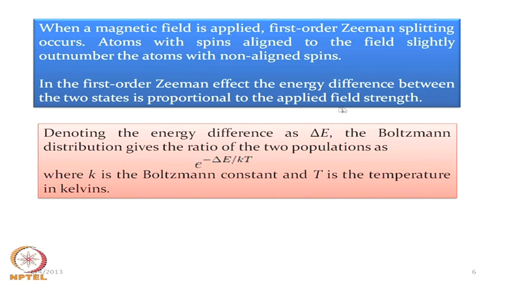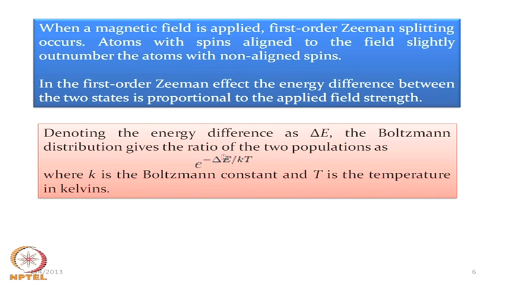So, these delta E values are basically denoting the energy difference, and if we have the Boltzmann distribution, which we all know dictates a thermally controlled population, and k is the Boltzmann constant, then the ratio of these two states or the two populations will be given by e to the power minus delta E by kT, where kT is the thermal energy term, which is the product of the Boltzmann constant and T, the temperature in kelvins at that particular point.